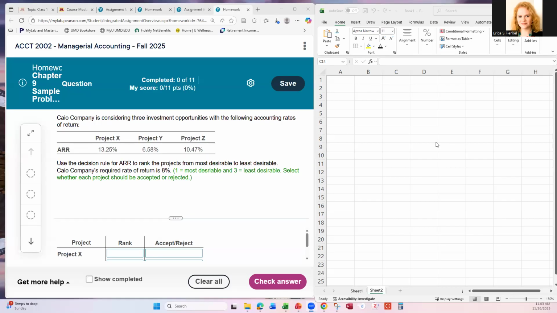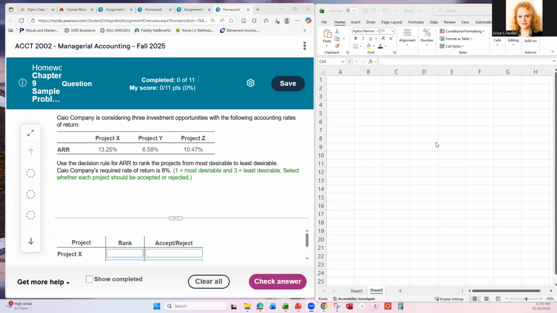And part of that activity to plan is to look at the different choices that we have and decide which ones are acceptable and which ones are not. And so on Monday, we talked about the payback method, and we talked about the accounting rate of return and how those are two non-time value of money methods for determining if projects are acceptable.